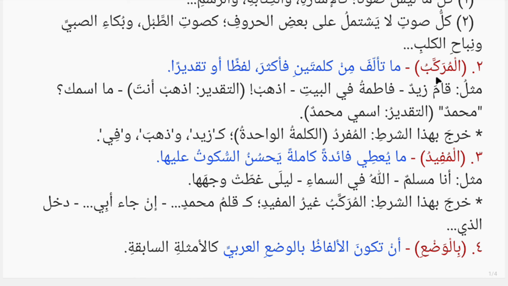It must be this sound which consists of letters from the huruf al-hijaiyah must be murakkab. It must be from كلمتين فأكثر, composed of two or more words, لفظا أو تقديرا, explicitly or implicitly. And we have two or more words, lafzan, which you're uttering, or implicitly, and it's understood that there are two or more words.